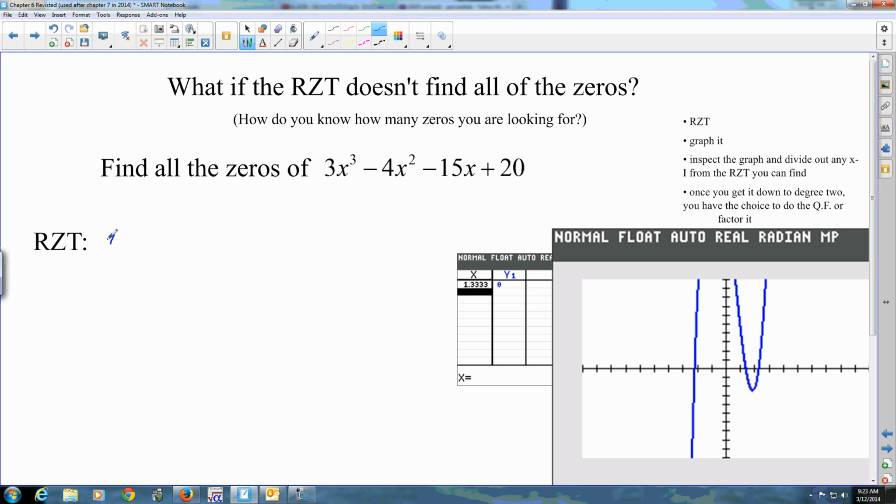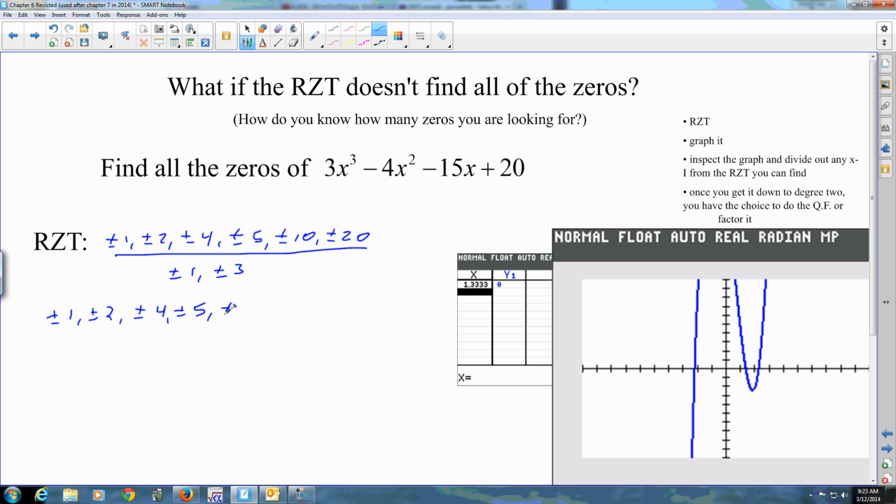So let's set it up. Plus or minus 1, 2, 4, 5, 10, and 20 over plus or minus 1 and 3. Being thorough, I'm just going to write them out. I know I told you guys you could quit right here, but I'm doing it to illustrate a point in case that idea is a little rusty for you.